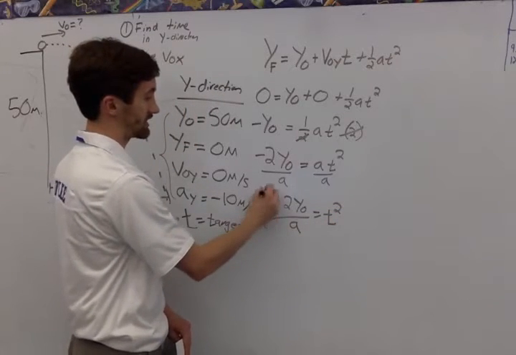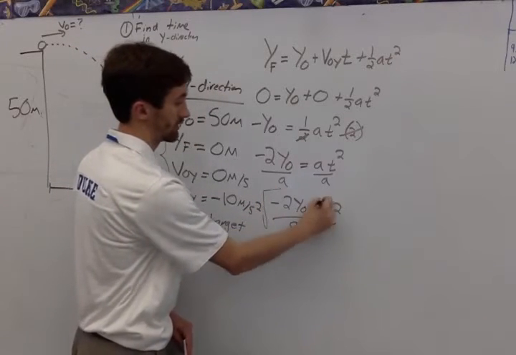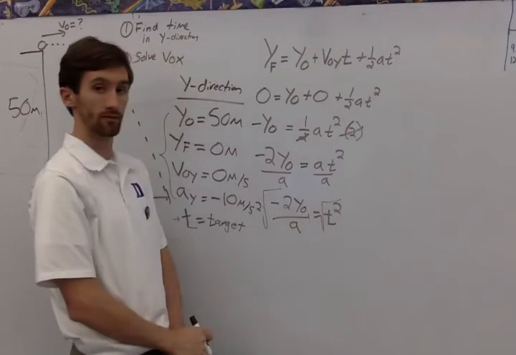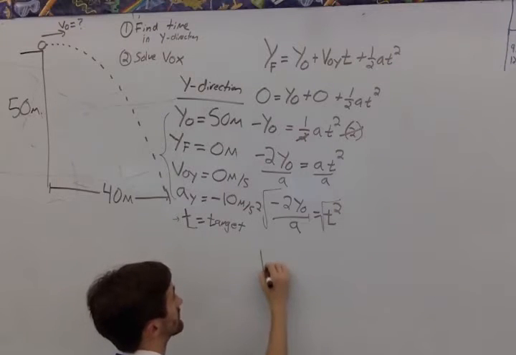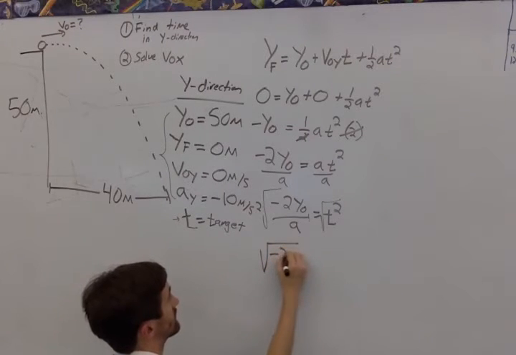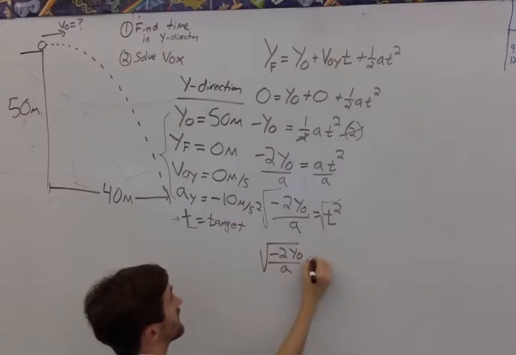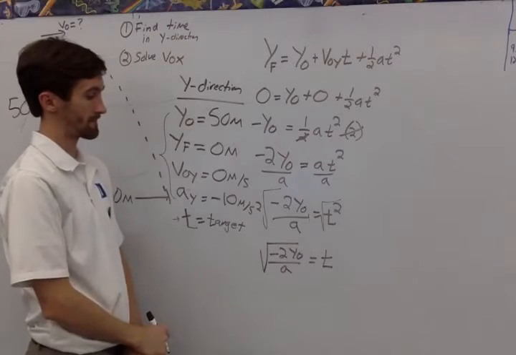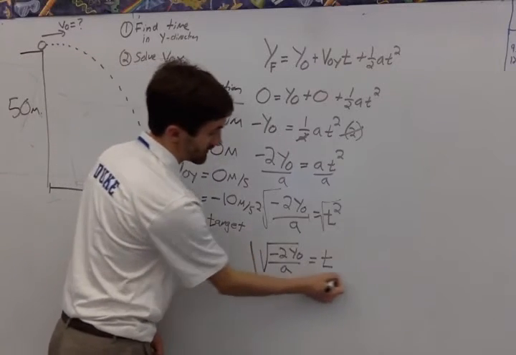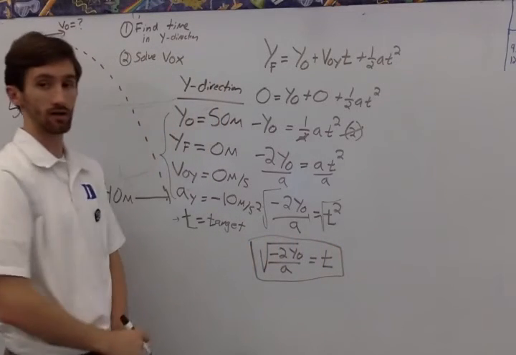And then I have to take the square root of both sides, and I get that the square root of negative 2 times the initial position all over a equals time, and that is my variable answer.